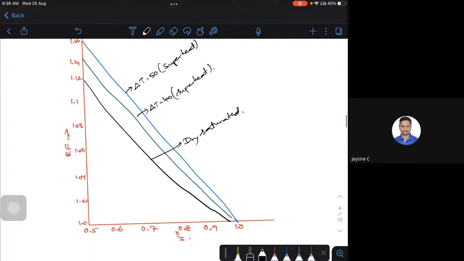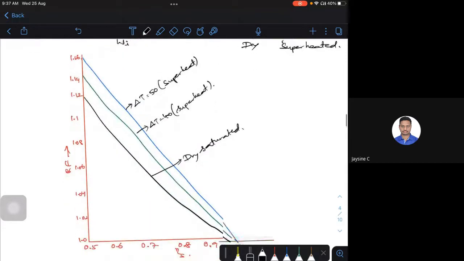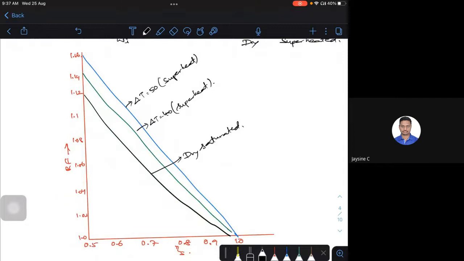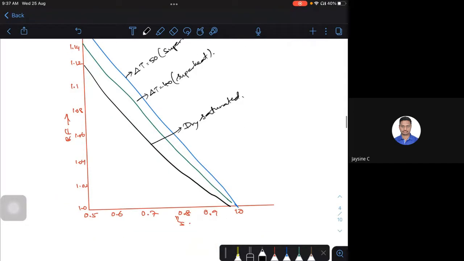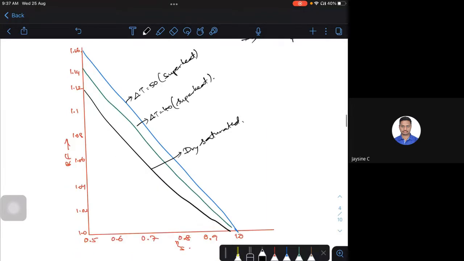Now, depending upon your delta T, which is 100 degrees, this will become steeper and steeper. I've been telling you that this will become steeper and steeper. The maximum I can go is 1. It's a trial and error kind of method.